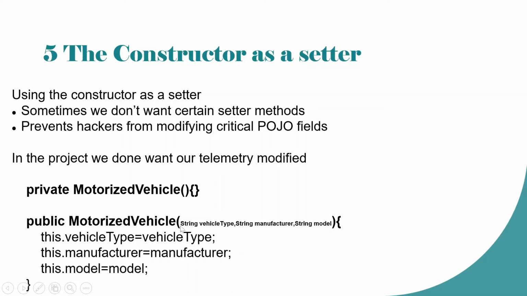These only get set during the construction of this class as parameters. And what this does, it makes the instance almost behave like a read-only type object. If you put all your fields in there, then you've got a read-only object.